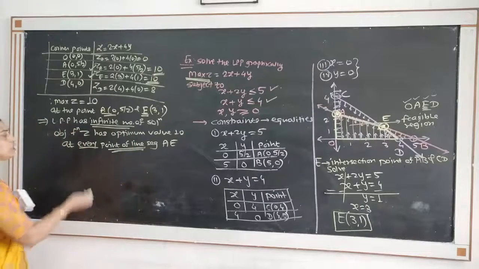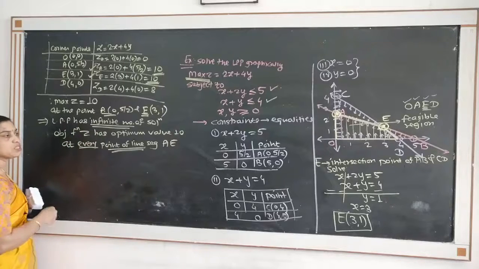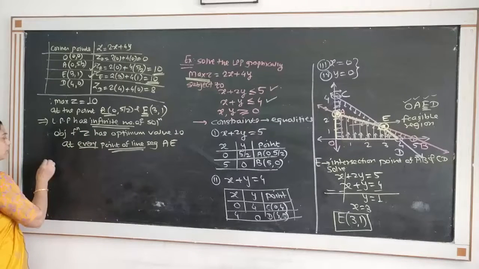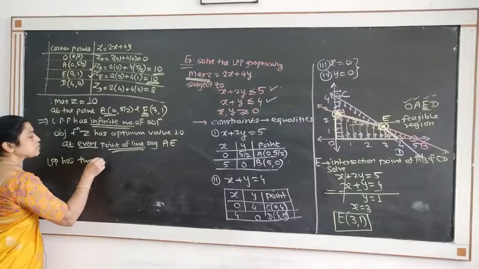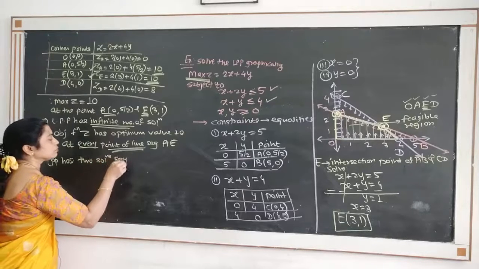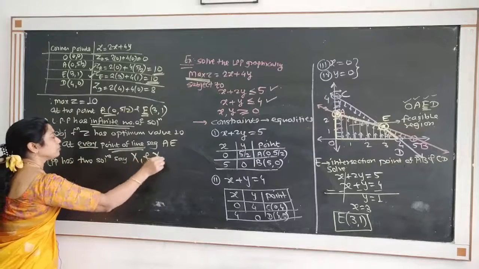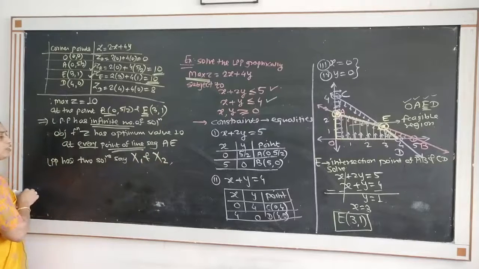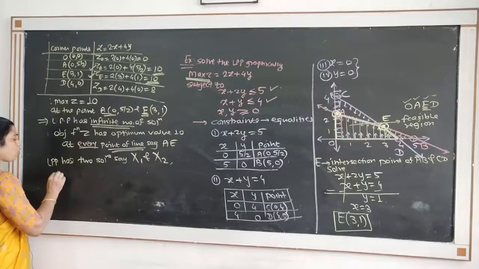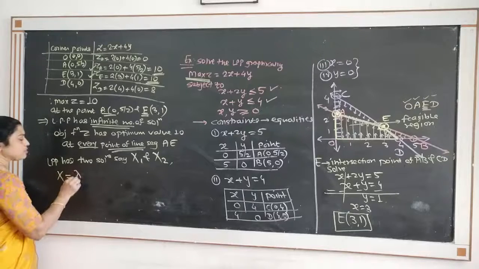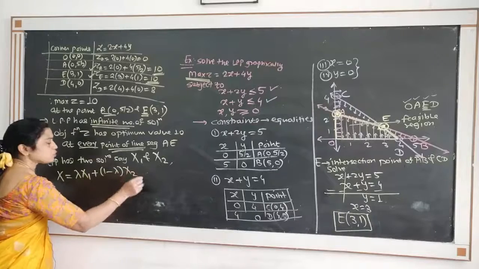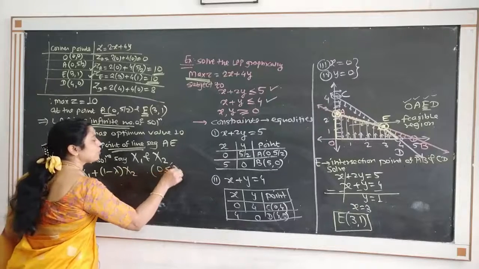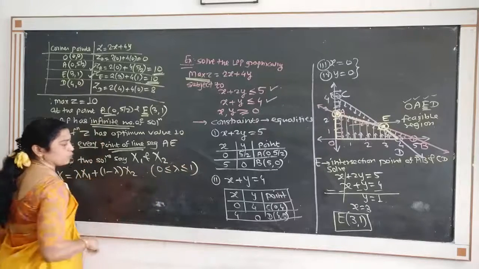Now, this infinite number of solutions can be obtained by a formula. If the LPP has two solutions, say x1 and x2, then the other infinite number of solutions can be obtained by the formula x is equal to lambda x1 plus (1 minus lambda) times x2, where 0 is less than or equal to lambda, less than or equal to 1.